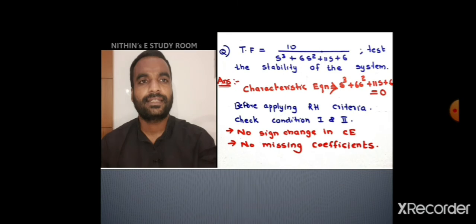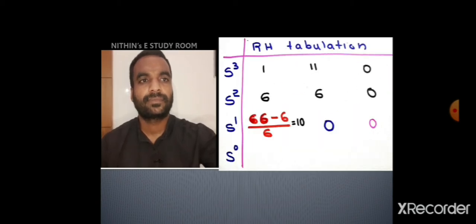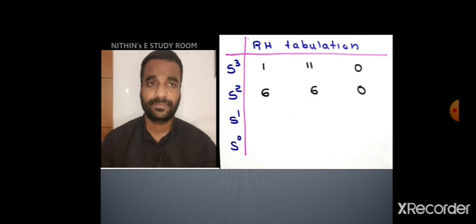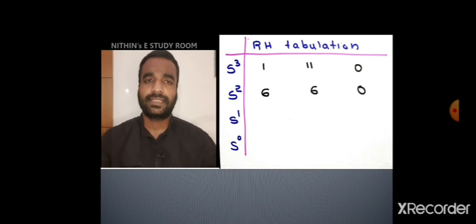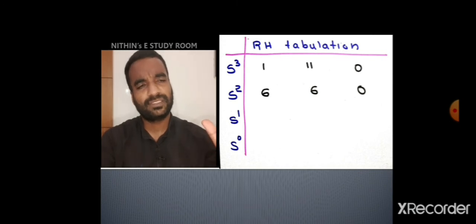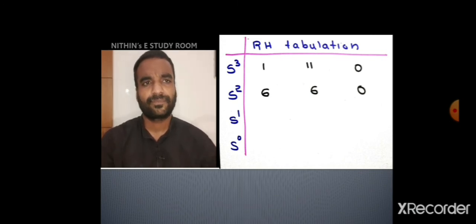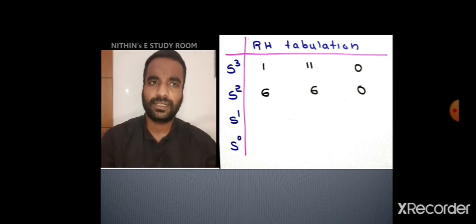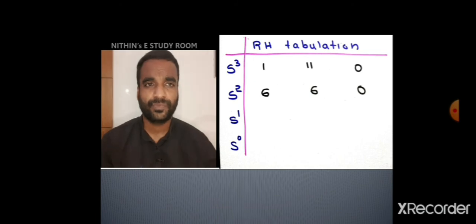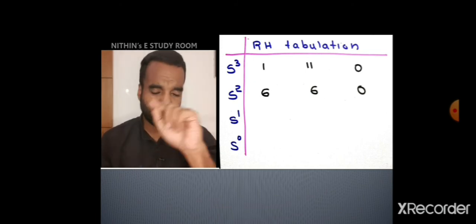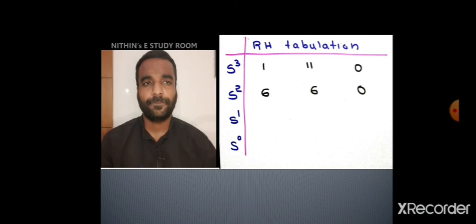In S square's row, we have to take 6, 6 and 0. It is better to put 0 in the last one. If the coefficients are completely over, fill the third column also with 0. That will make the calculations easy and avoid some miscalculations.